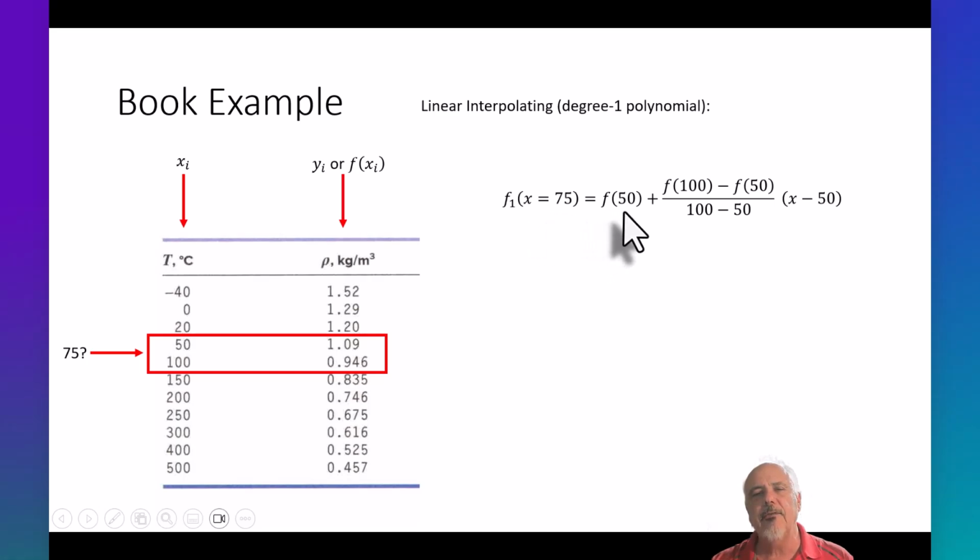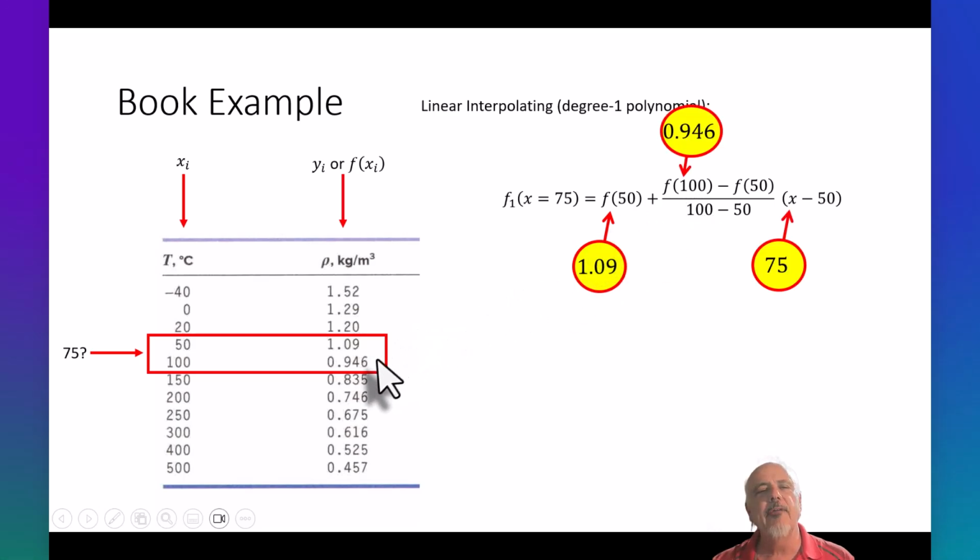Well, I'm going to take the f of 50, which is going to be 1.09, right? I'm going to take that, and I'm going to add to it the f at 100, which is 0.946, minus the f at 50, which is the 1.09. And I'm going to be dividing by the delta x, 100 minus 50, and that's going to establish that.